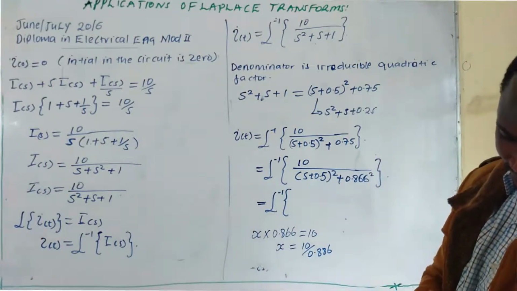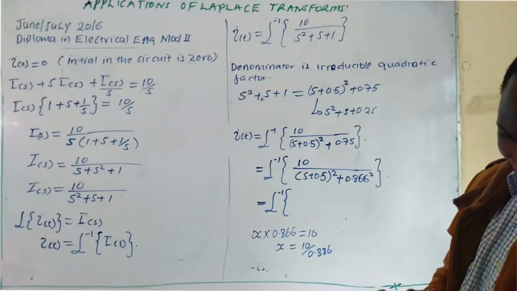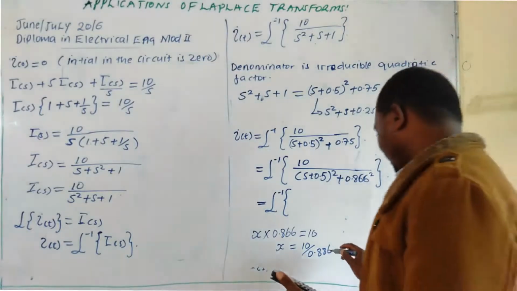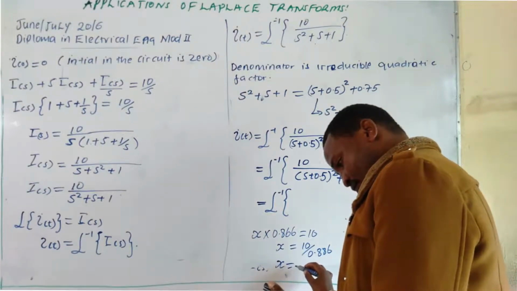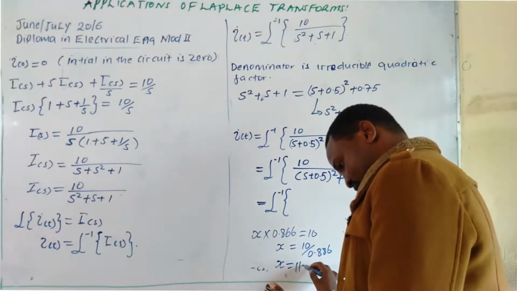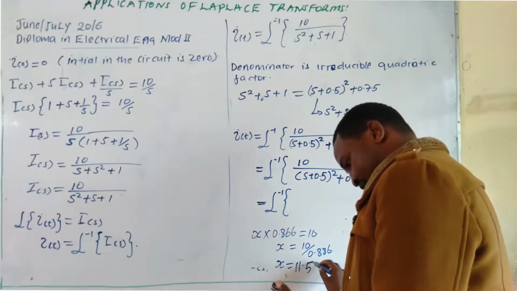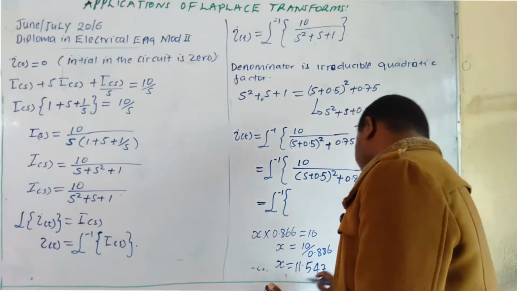So you have 10 divided by 0.866, and our answer is 11.547.